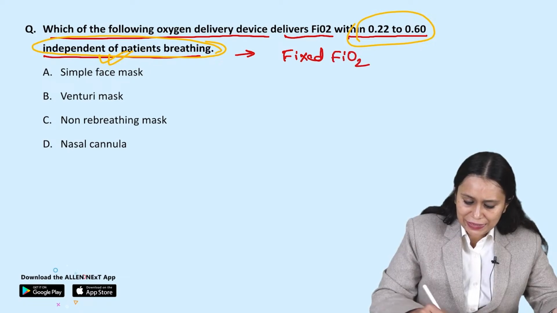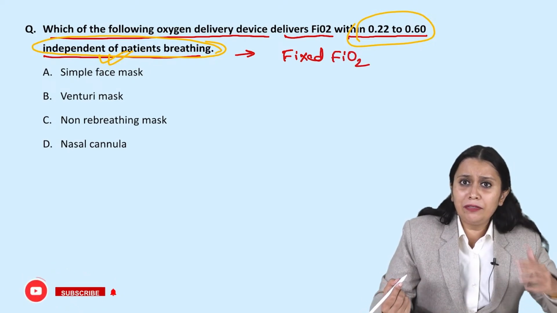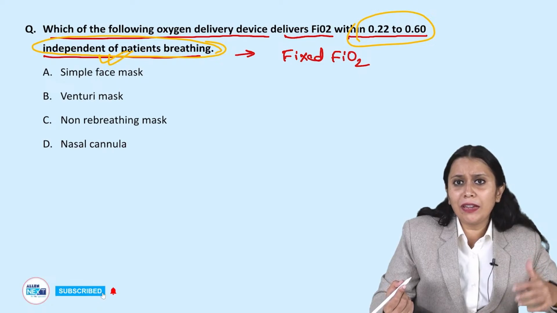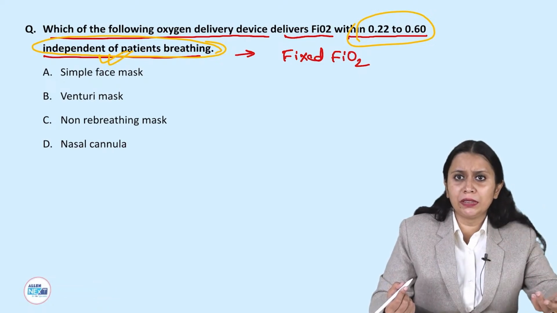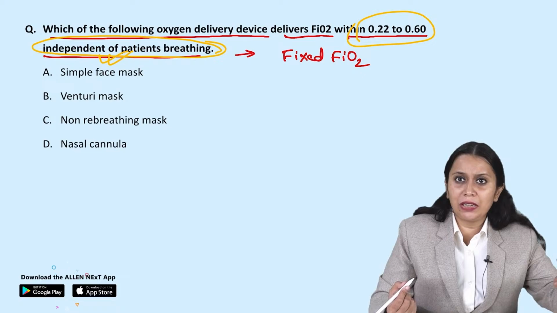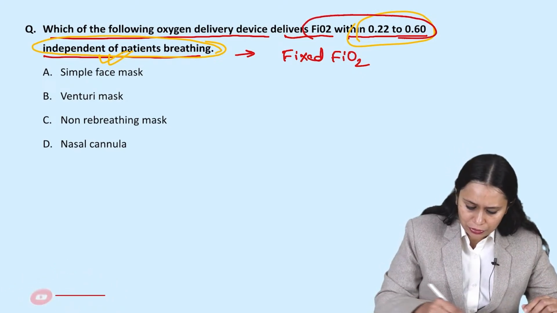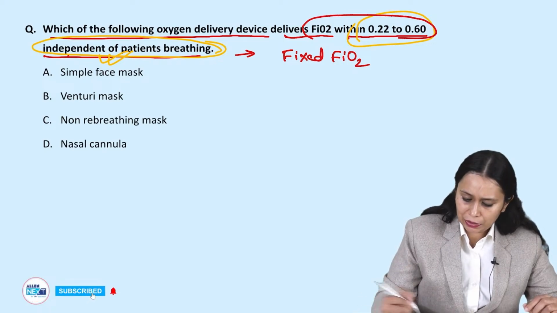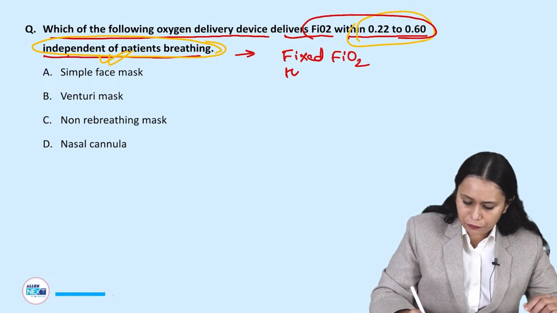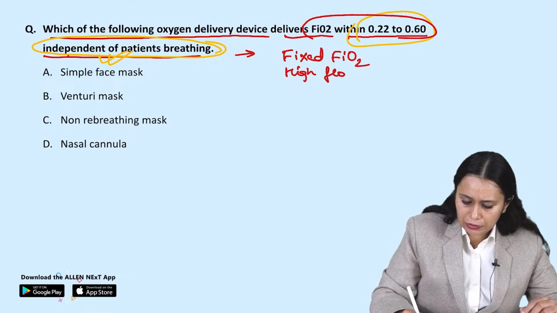If the FiO2 is dependent on patient breathing, then it is a variable FiO2 delivering device. Only a fixed FiO2 device will provide FiO2 independent of patient breathing, so we have to choose a fixed FiO2 high flow device.